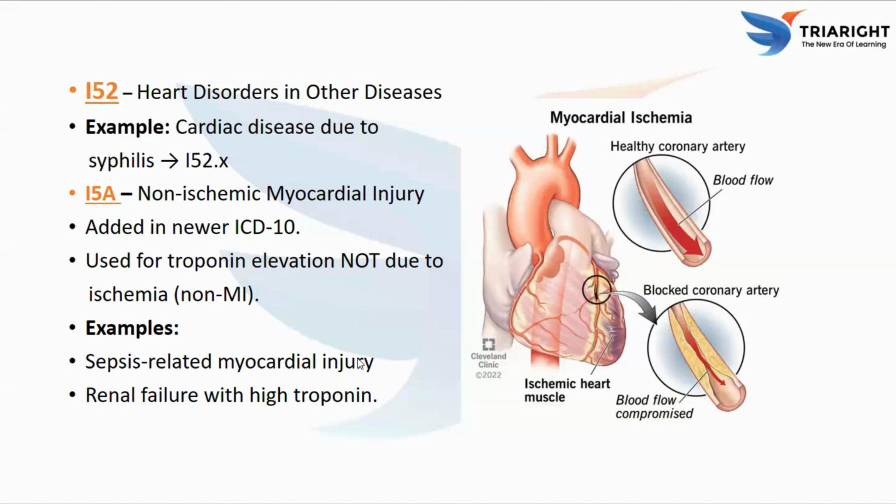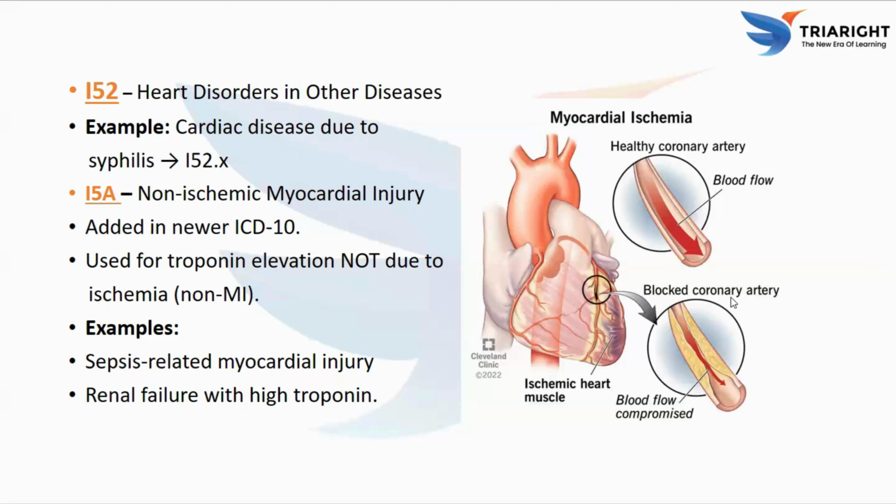In sepsis-related myocardial injury, inflammation plus shock leads to heart muscle damage. In renal failure with high troponin, the kidneys cannot clear troponin, and this causes the elevation without MI. If troponin rises due to ischemia, then use the MI codes, not I5A.